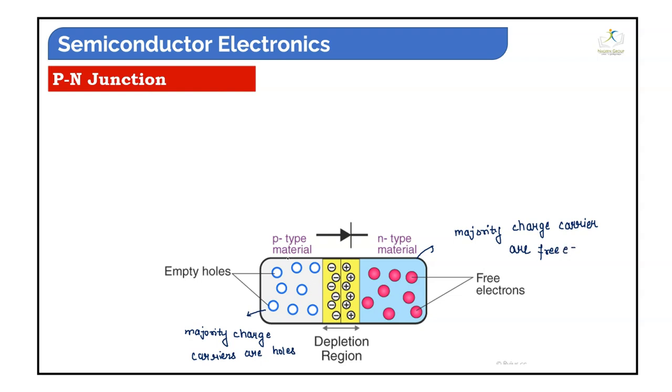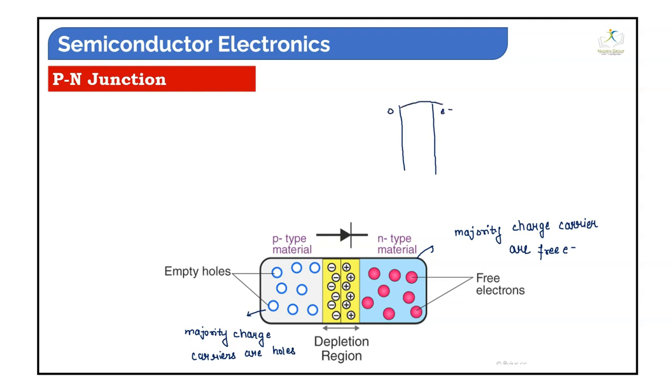And when this P-type semiconductor collaborates with N-type semiconductor, they make a depletion region, where the negatively charged body wants to move toward the positive. This is the building of electrons and this is the building of holes.